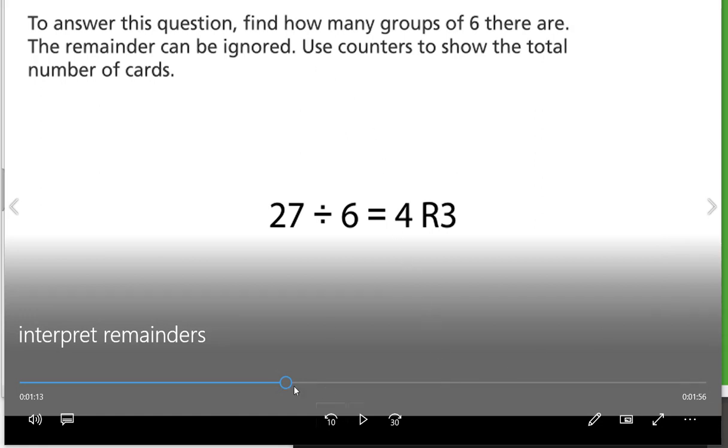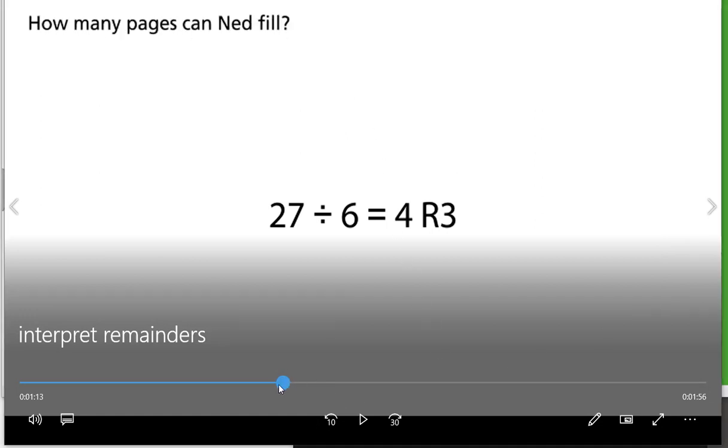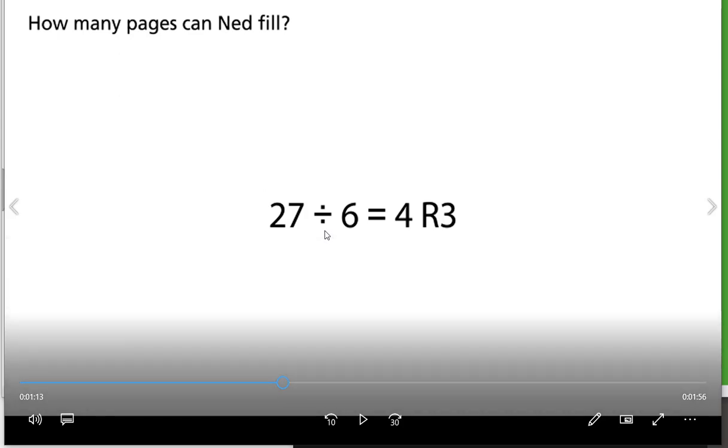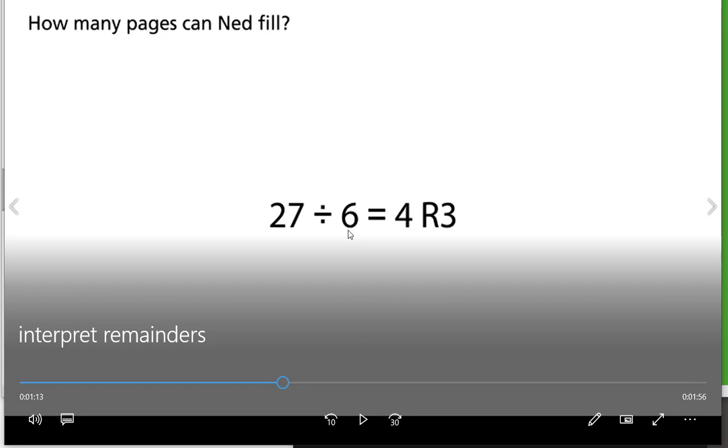I will go back a little so you can see the question. How many pages can he fill? He has 27 cards. He divided them into pages. Each page can hold 6 cards.